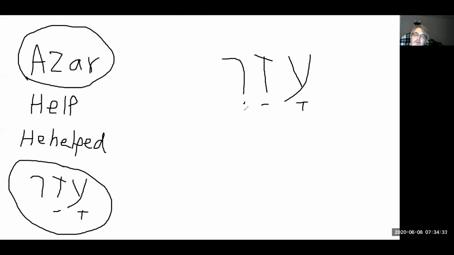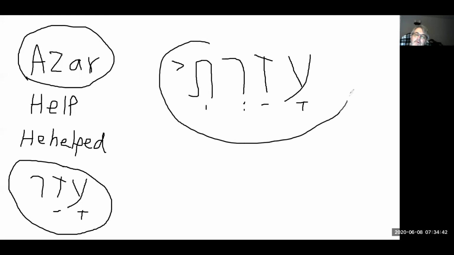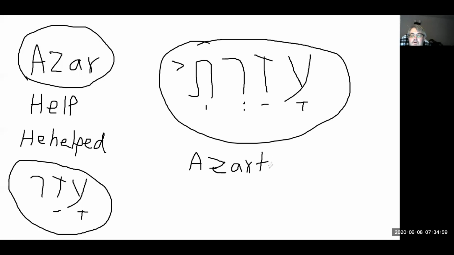So what do I do? I put a shva under the final consonant of the root, and I add my tav, my hirik and my yod. So you know it's going to be azarti, right? Azarti. And the only question you have is, is the shva silent or is it not? And in this word, it's silent. So you get azarti. So it's going to be either silent or that short E sound.